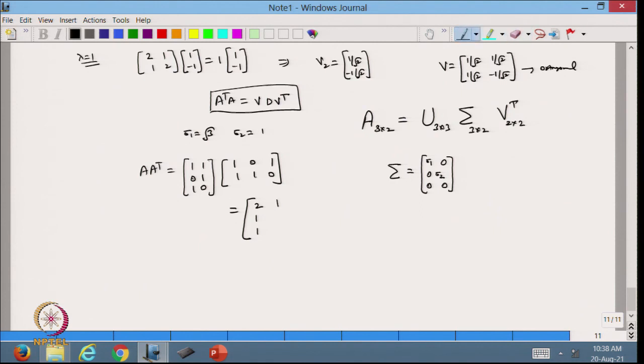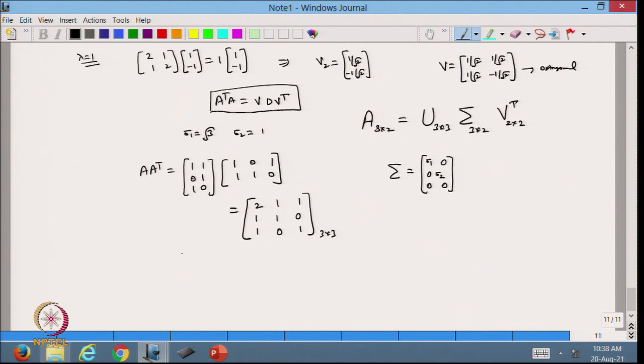Doing this, it is 1, and doing this, it will be 0 and 1. So, it is a symmetric matrix, so I know that, and this is 3 cross 3.